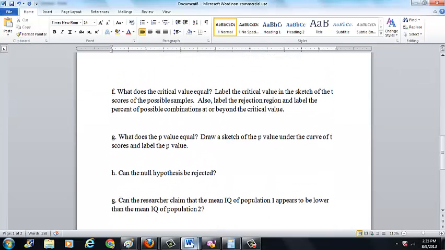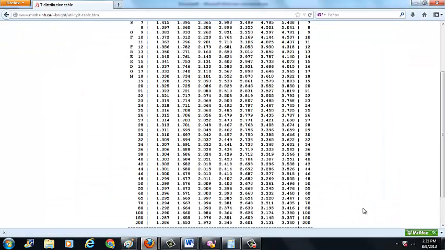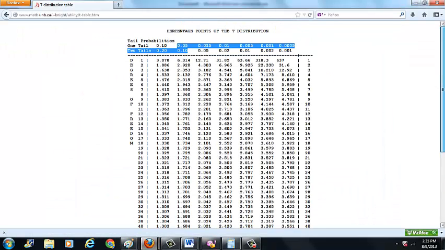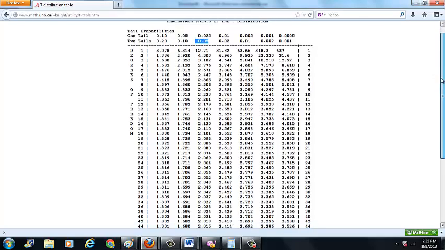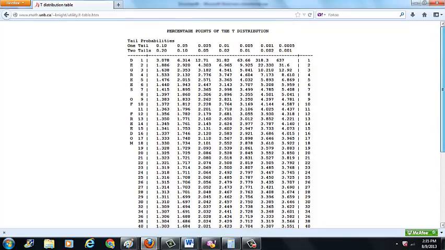So when we go to the table again, we go to two tails, 0.05. We go down to our degrees of freedom, which is close to 200. This time we get 1.97 as our critical value.